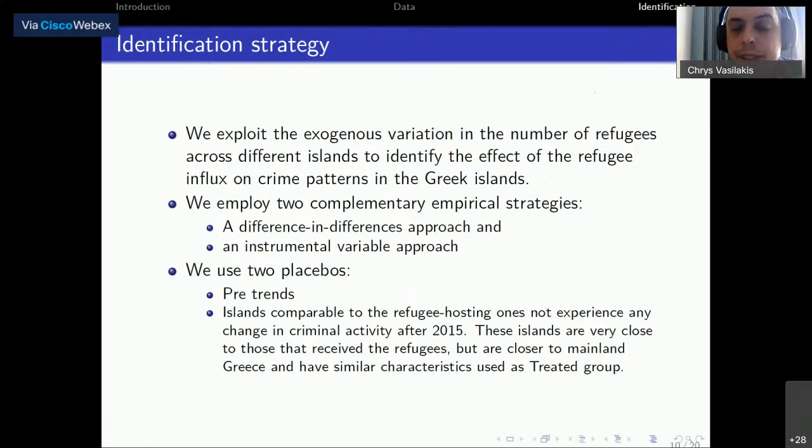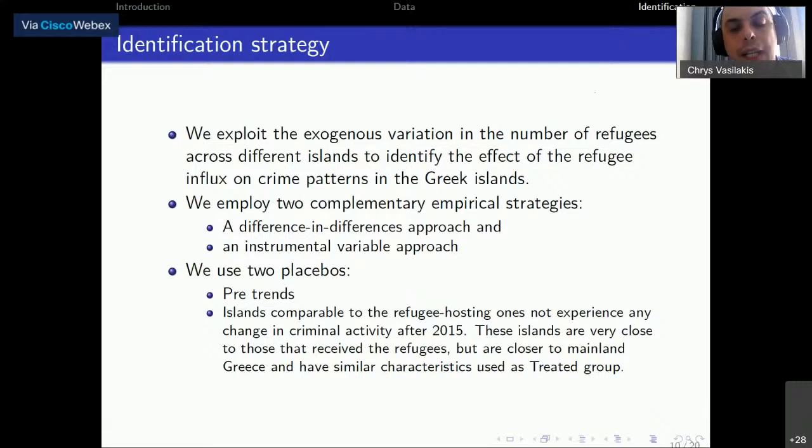About the identification strategy, to investigate this exogenous variation in the number of refugees, we have two complementary empirical strategies. The first one, as I explained already, is a difference-in-differences approach. We consider the 10 islands as the treated group and the remaining 97 islands as the control group.